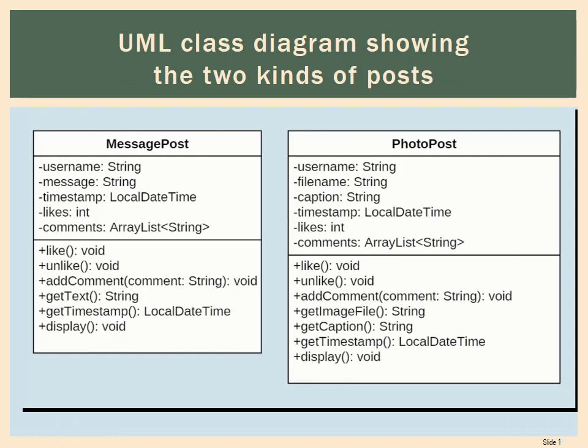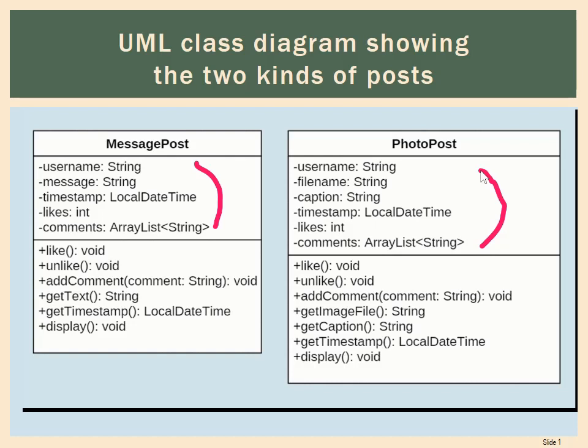Here we see UML class diagrams that show us the information about both of these classes, the message post and the photo post. One of the first things you will notice is that each of them has a top section, and the top section of a UML class diagram is used to identify the fields or the instance variables.